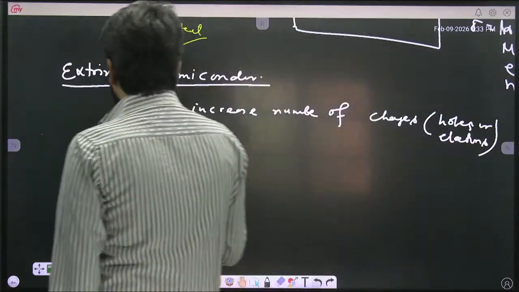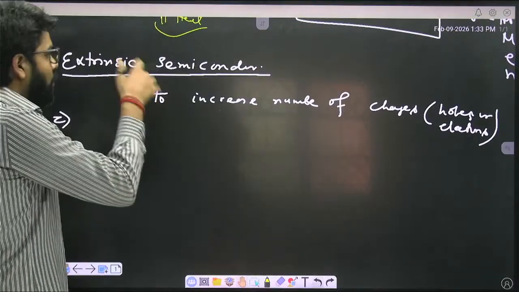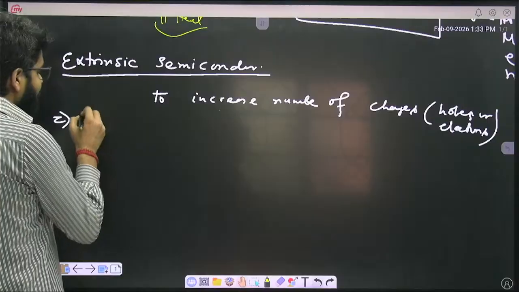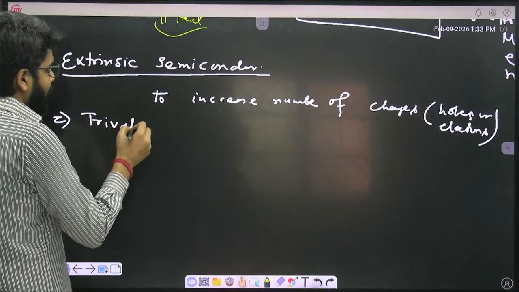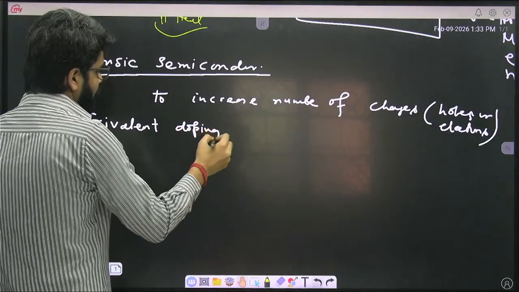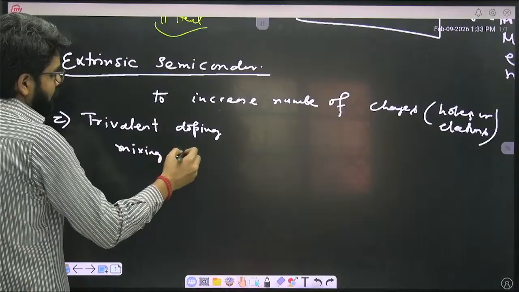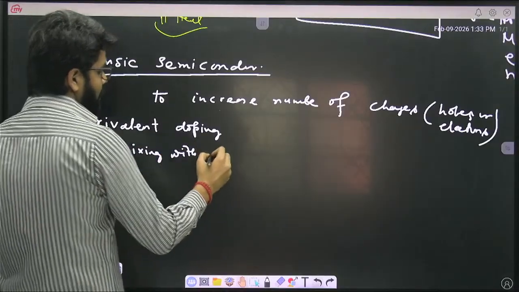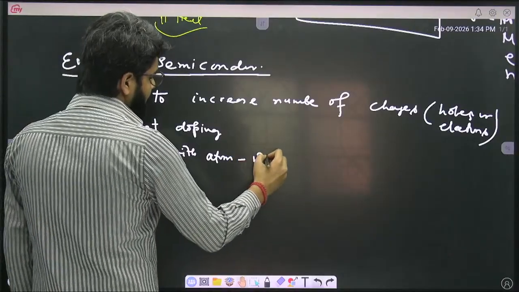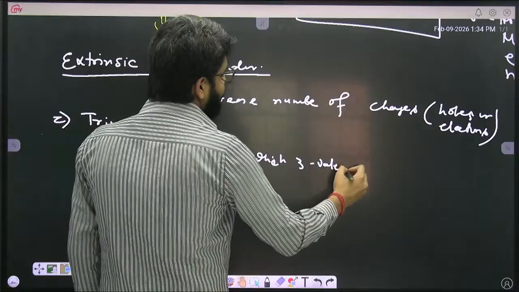Okay. Now, what are the types of extrinsic semiconductor? What happens when we dope it? First we see trivalent doping, which means mixing with an atom which has valency equal to 3.